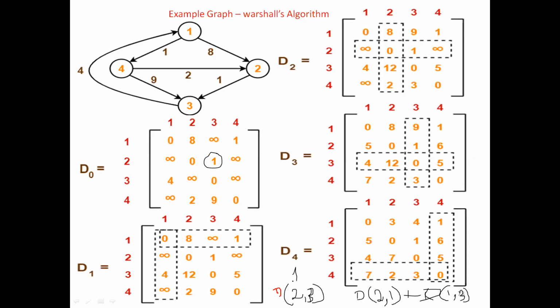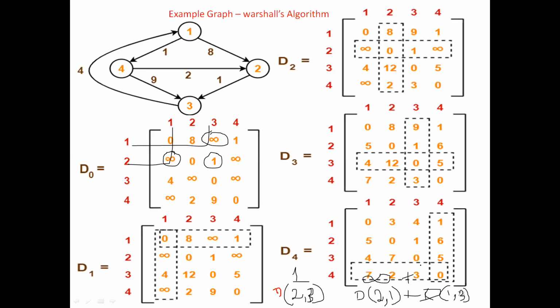Then D of 2, 1. What is D of 2, 1? It is infinity. Plus D of 1, 3. D of 1, 3 is again infinity.